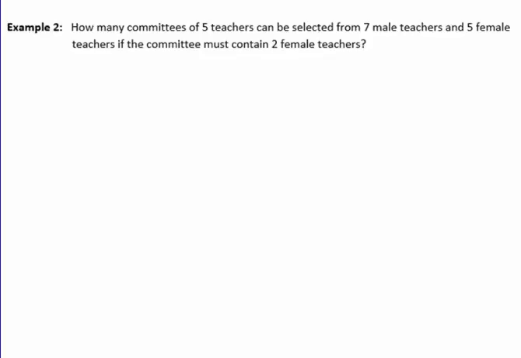Well, let's start with our scenario. What we need is 2 female teachers, and of course, that means we're going to have 3 male teachers. And if we find the number of female and then the number of male, we can use the fundamental counting principle and multiply them together.